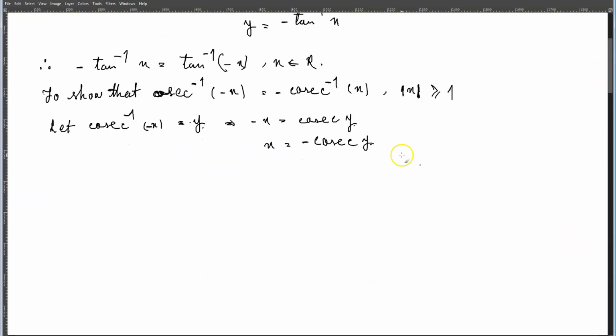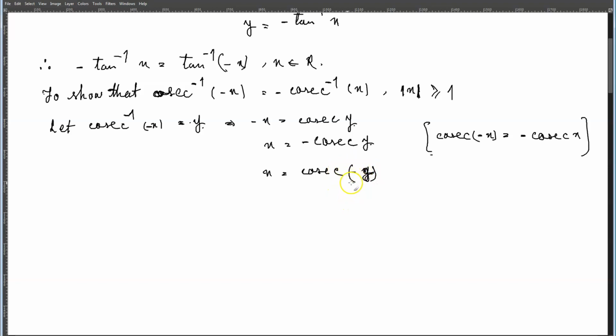Now, you know that the cosecant of negative x is equal to negative cosecant of x. That we already know, and therefore I can write x is equal to cosecant of negative y.